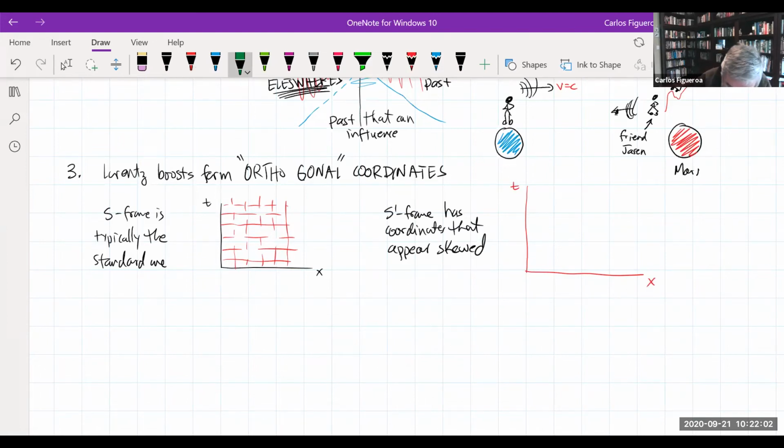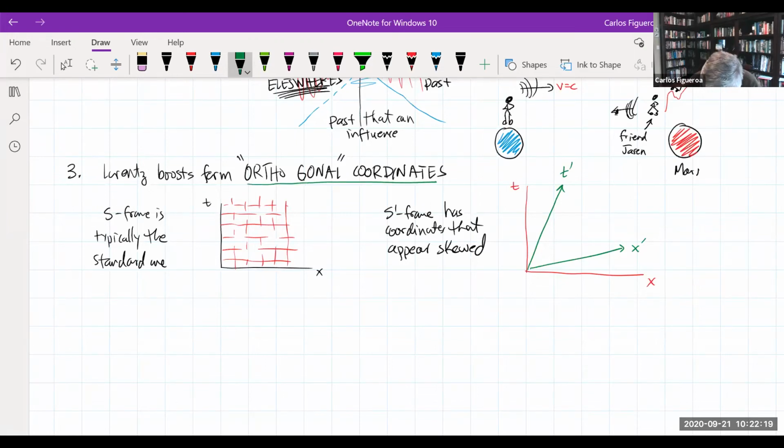But now, if I look at the primed frame, they're skewed, but don't let that mislead you, because they're still orthogonal coordinate systems.